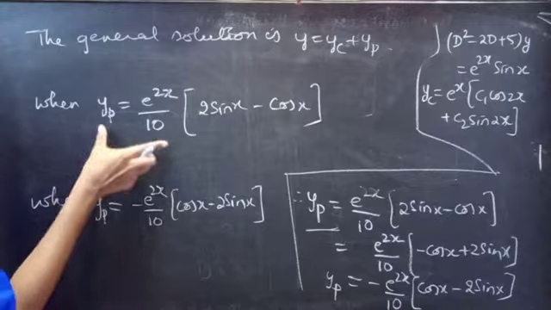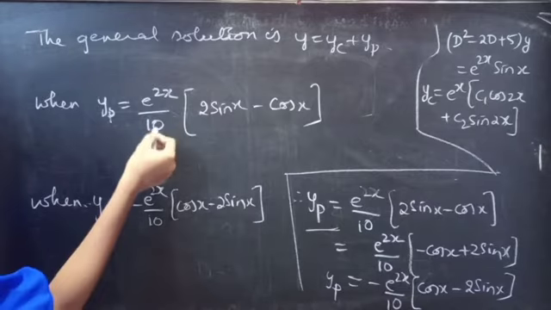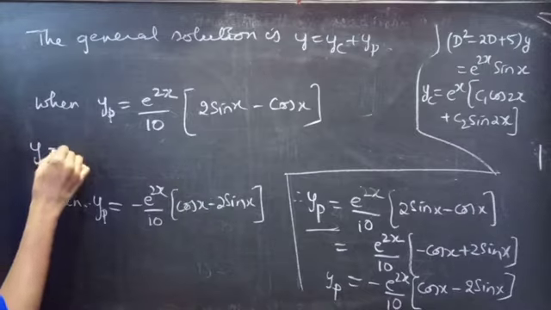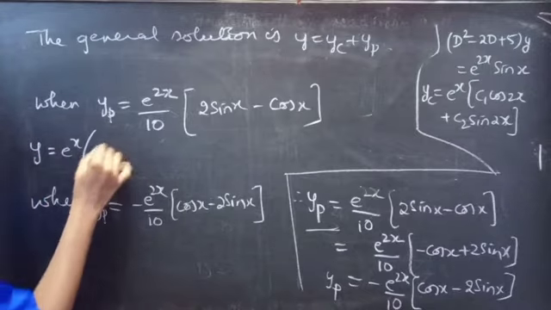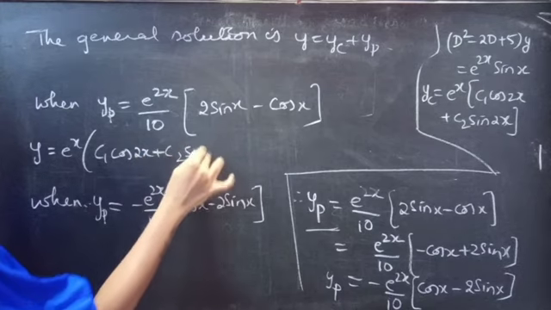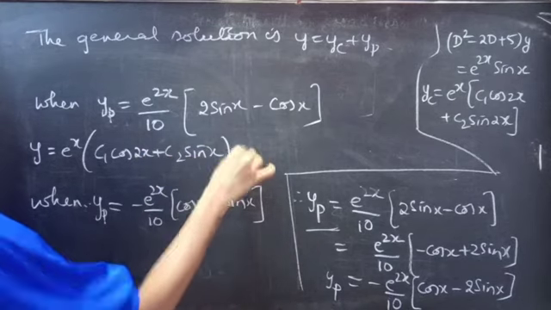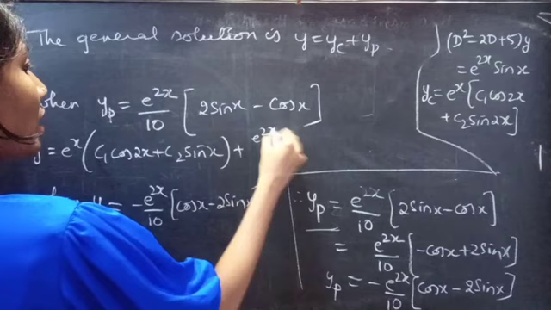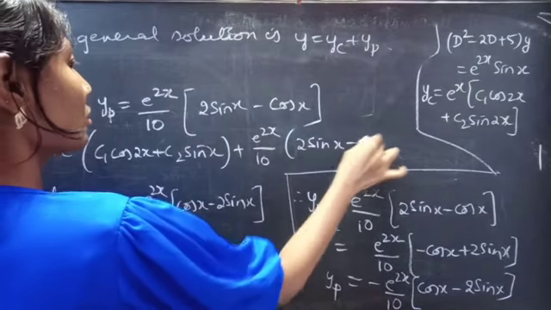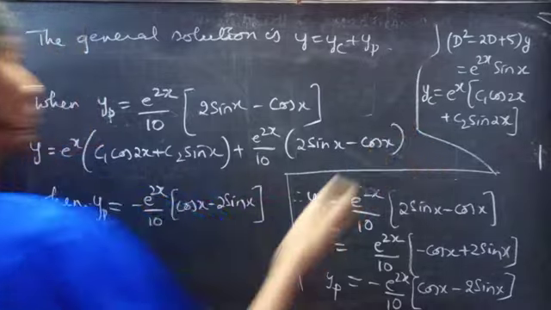So firstly let's see for y_p equals e^(2x)/10, positive, right? Then y equals y_c, we have e^x into (c1 cos 2x plus c2 sin 2x), plus y_p, e^(2x)/10 into (2 sin x minus cos x), right?